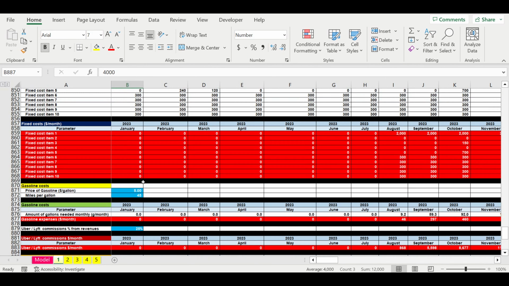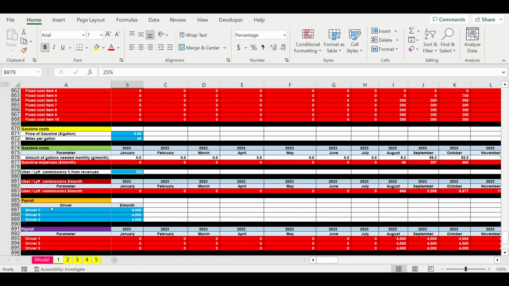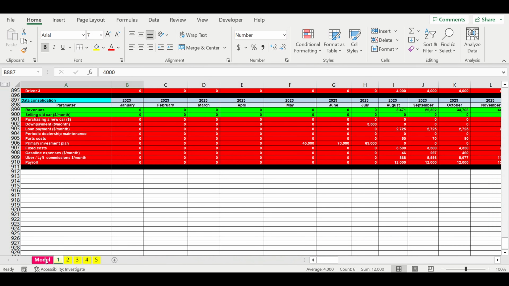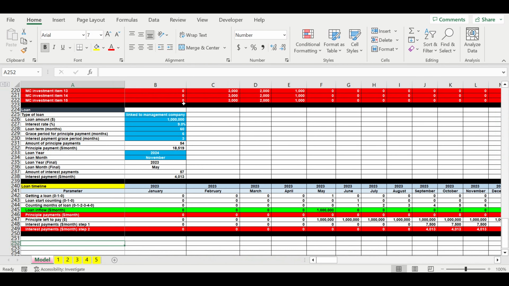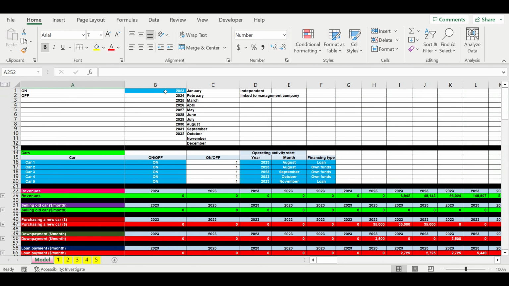And before that we were talking about gasoline expenses, Uber, Lyft commission, and as I already told you, payroll. Then we are moving to the model, and here we can specify the first year of our projections horizon.